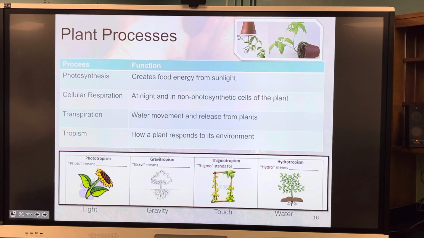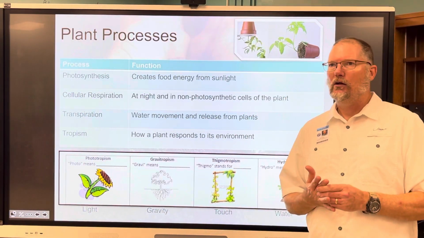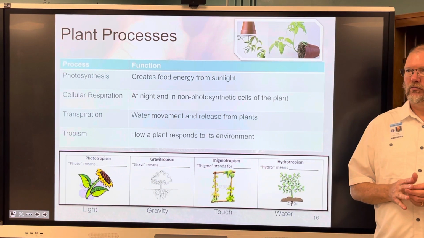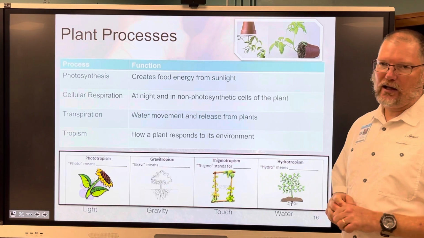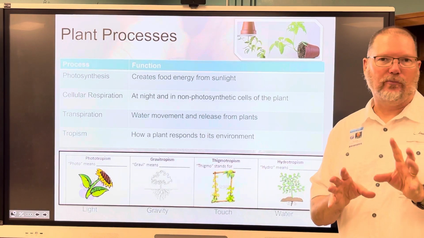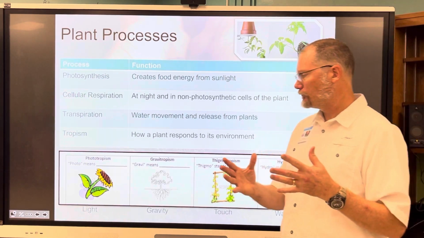So when you're out there just ripping apart a plant for no reason because you want to, or chopping up a plant or pulling leaves off a plant, just know that you are causing that plant harm and you are triggering hormones to be released and all kinds of stuff when you do that. And I can teach a whole class on just that, but let's just find out what a tropism is first, okay?